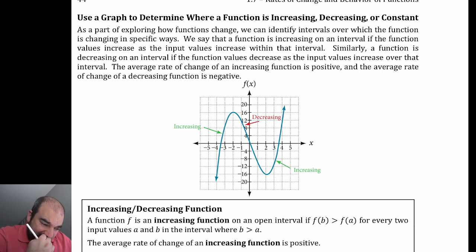As far as increasing, decreasing goes, we read left to right, so we're going to follow these graphs left to right. This number line, the x-axis, increases from left to right, so we're going to start with the negative most and work our way towards the positive x-axis and continue on with increasing numbers.